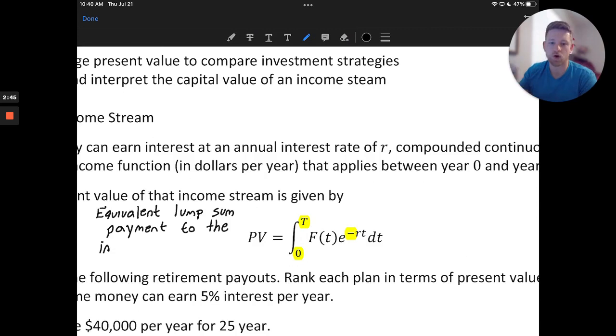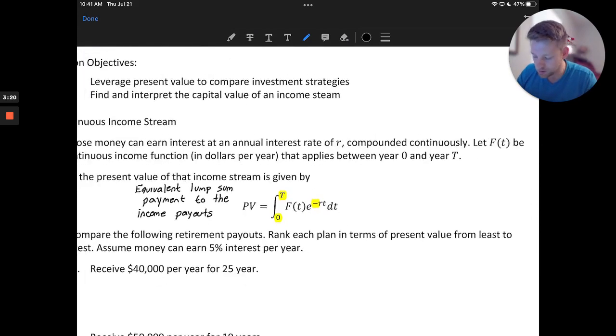So if we took all of the income payouts that are given to us throughout this time 0 to T, the present value of those income payments over time is equivalent to a lump sum that we would get at the beginning. So the present value is really an equivalent lump sum that would be equivalent to the money in the future that our income stream payments will provide us.